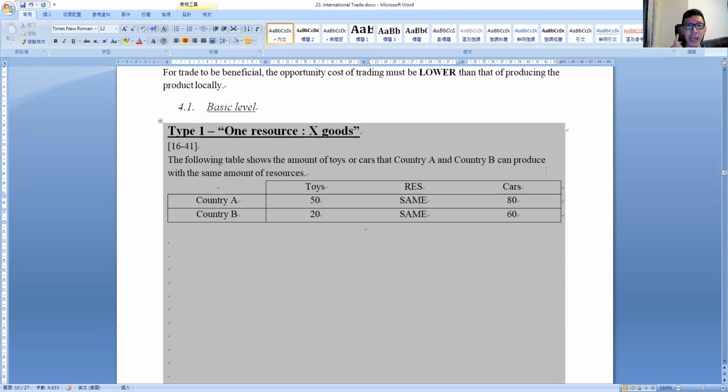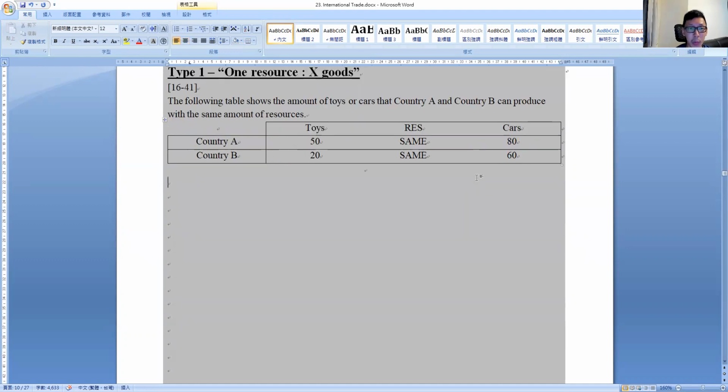Remember, in the last video, I talked about if the resources within the same country for both goods are the same, then we can start doing the calculation, which is exactly this case. This case is where the country's own resources are equivalent, so we can discuss it. If you remember from our last video, the mathematics will go like this.